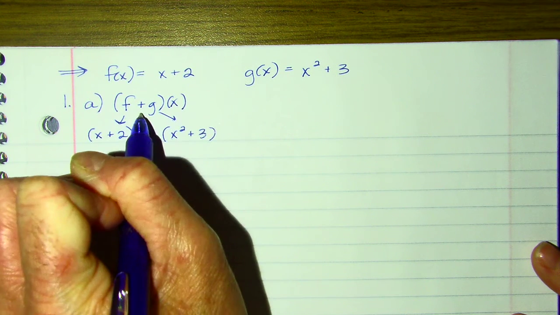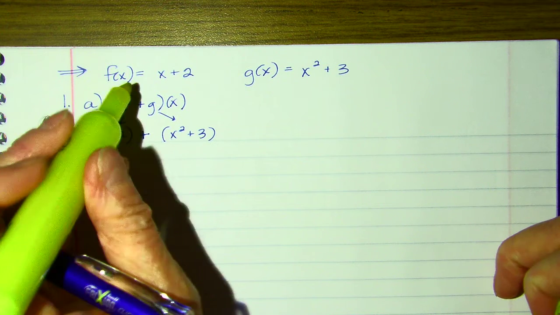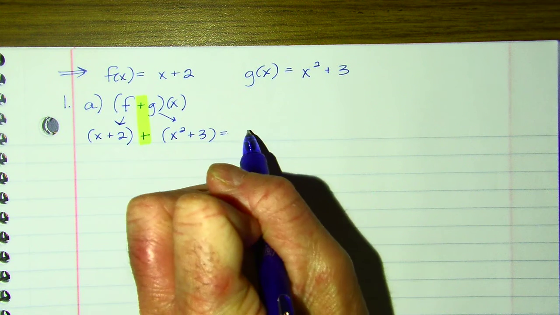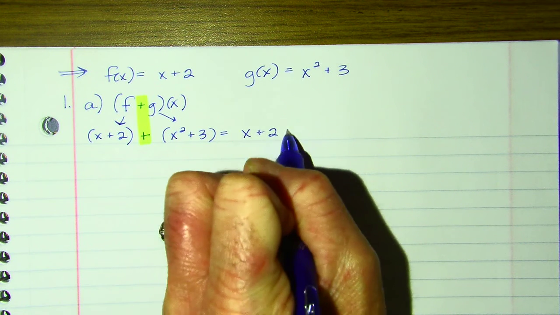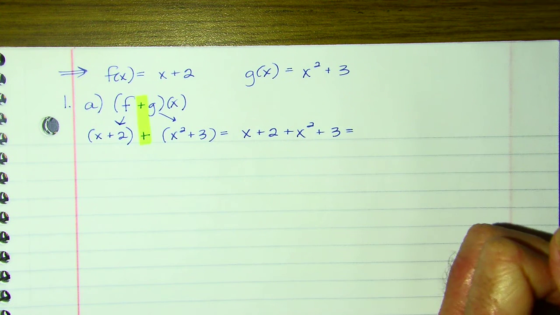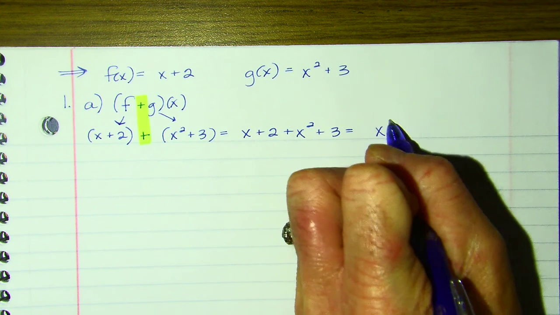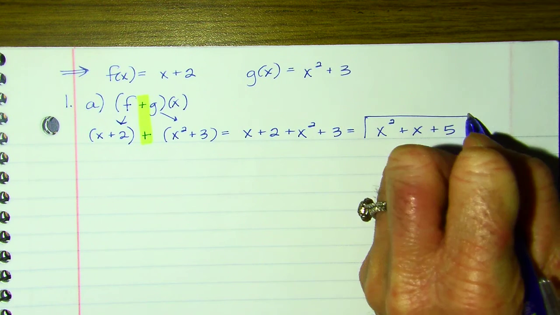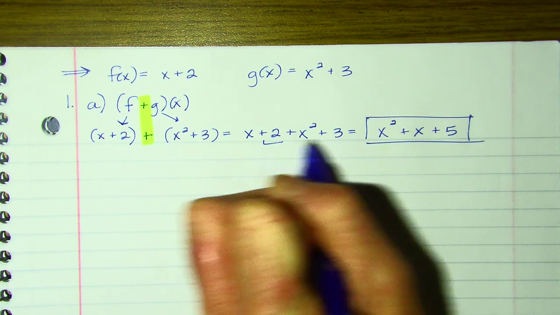Notice I brought the plus sign down. So now I'm going to combine like terms. I get x plus 2 plus x squared plus 3, and I'll list that answer in proper order. So x squared plus x plus 5. Right? The only like terms were those.